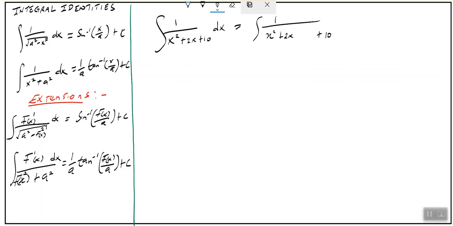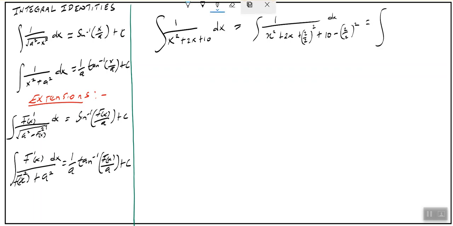Divide it by 2 and square it. Add it, but since this is not part of our question, we have to subtract it also. By so doing, it makes it a perfect square.